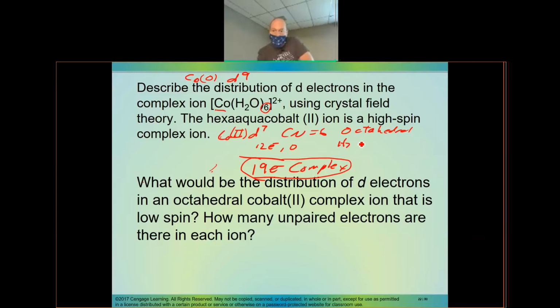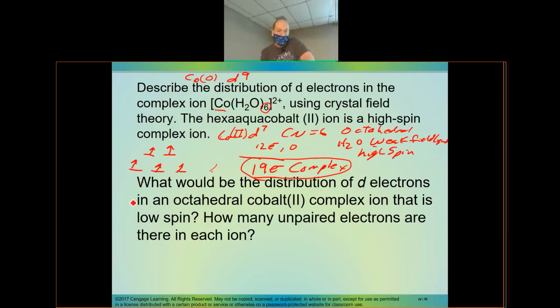That is a weak field ligand, and so it's going to be high spin. When we put our 3 orbitals on bottom and our 2 orbitals on top, they're going to be relatively close together because they're high spin. So electrons 4 and 5, high spin, are going to go up there.